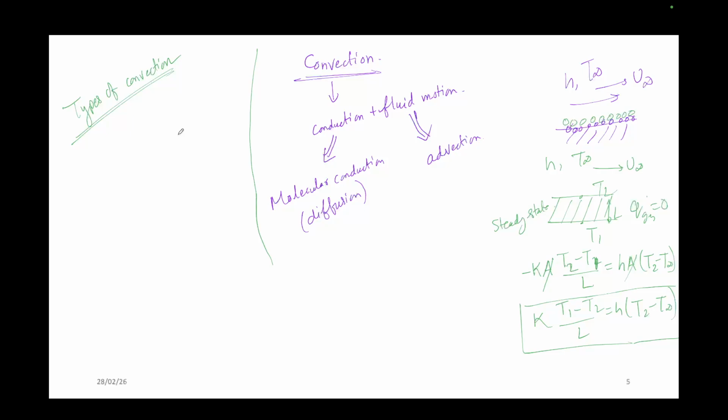So how many types of convection are there? Basically, there are two types of convection. The first is natural convection. What is natural convection? Here the fluid motion occurs because of the buoyancy force.